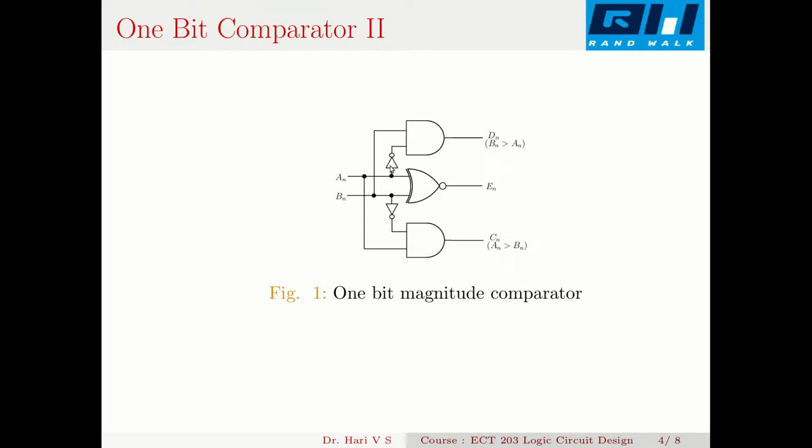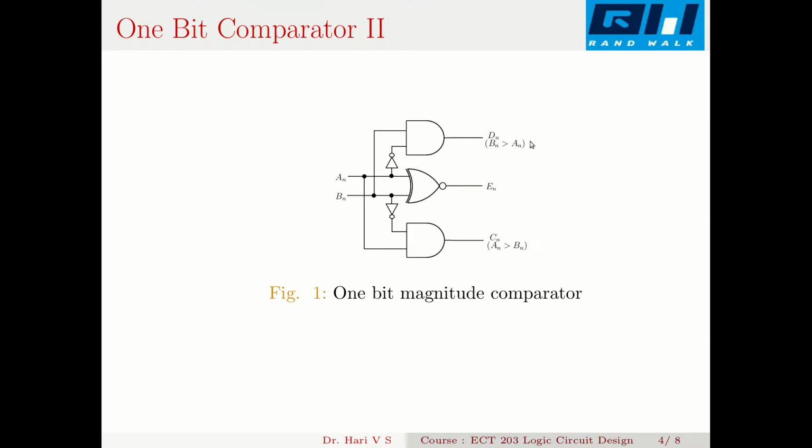Now if Bn is greater than An, then Dn is high, because this is An and this is Bn complement. If An is greater than Bn, this output is high. So this circuit works like a 1-bit magnitude comparator.